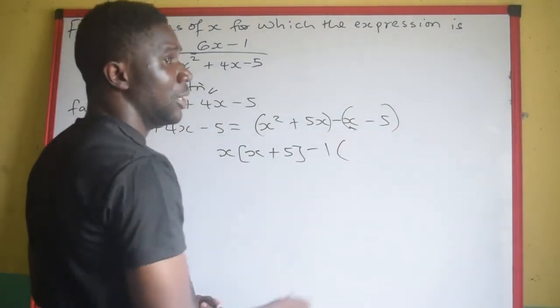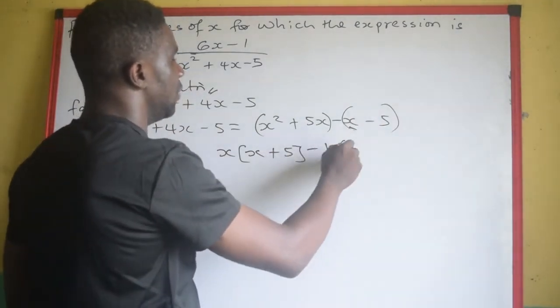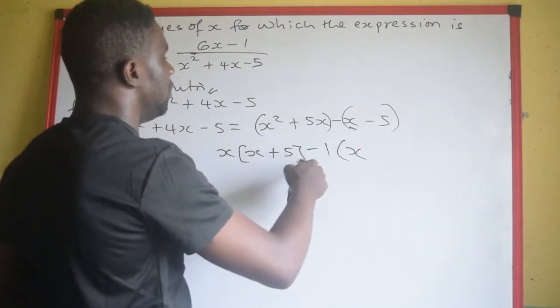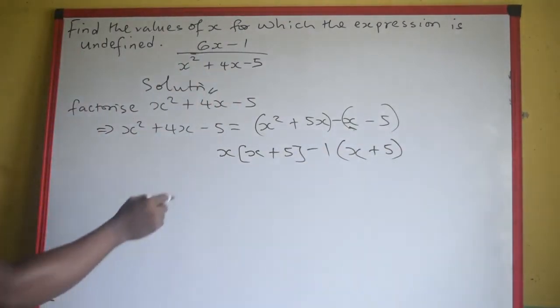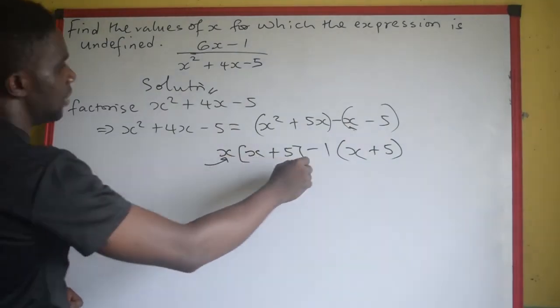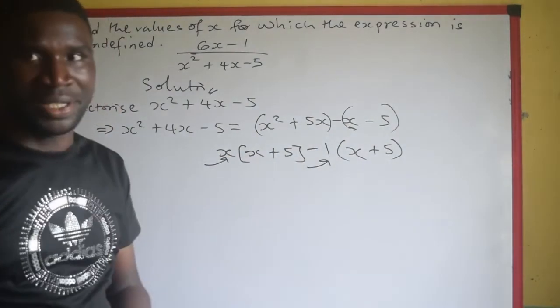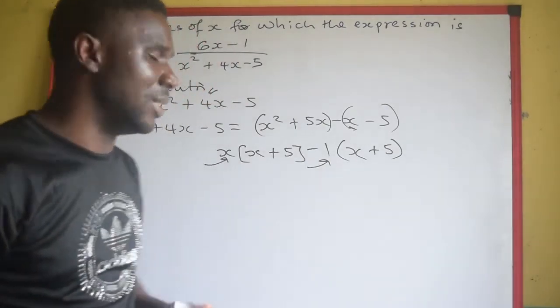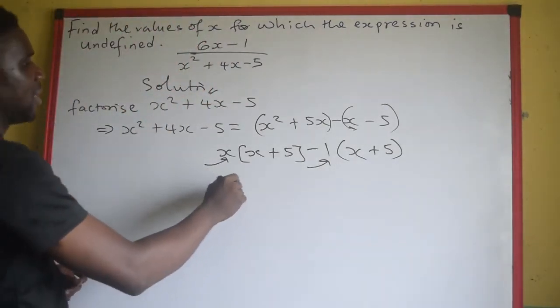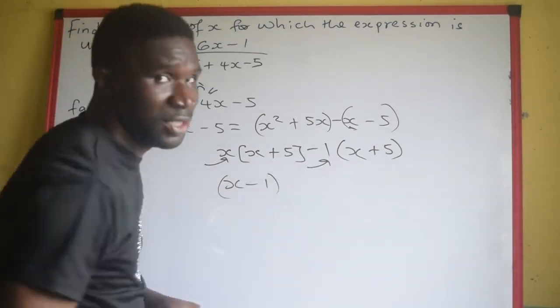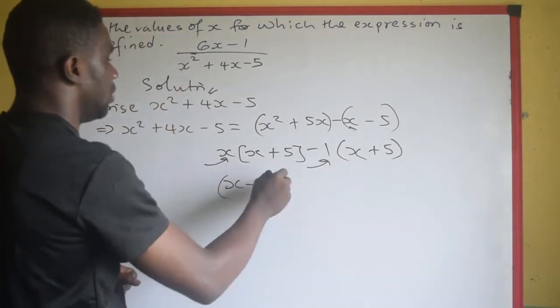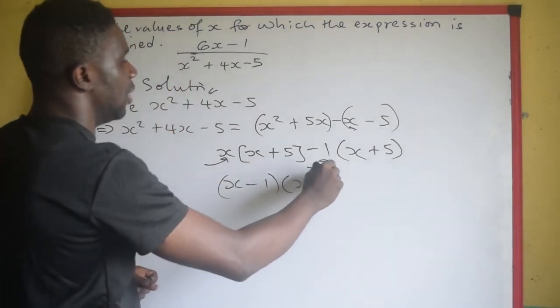So we'll put our brackets. x divided by 1 will give us x. Minus 5 divided by 1 will give us minus 5. Now we need to take the values outside the brackets and put them inside one bracket. Then we'll have x minus 1, and take any of these values that are common. We'll have x plus 5.